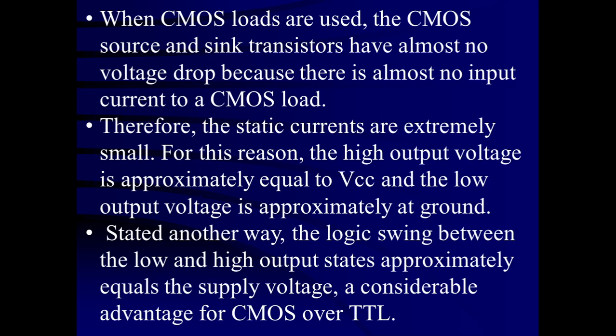When CMOS loads are used, the CMOS source and sink transistors have almost no voltage drop because there is almost no input current to the CMOS load. So when one CMOS is utilized as a driver and another CMOS is utilized as a load, the output of the driver is connected to the input of the CMOS load.